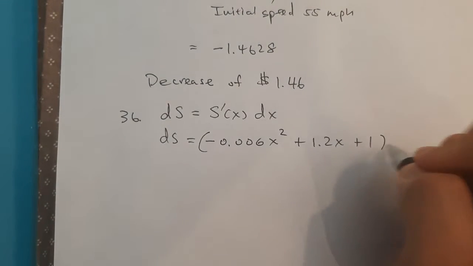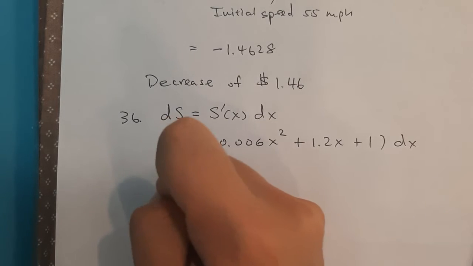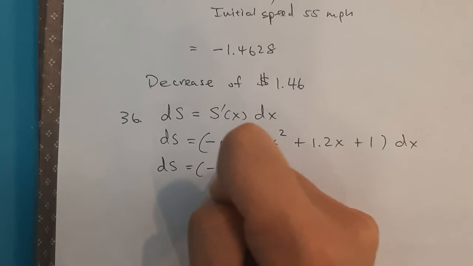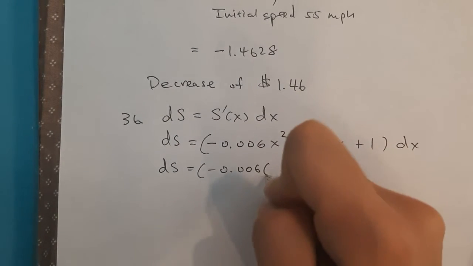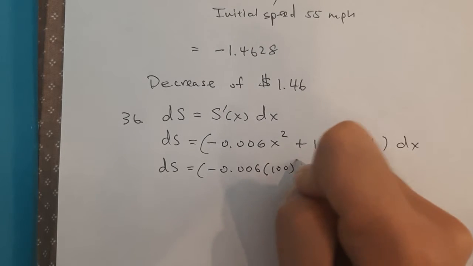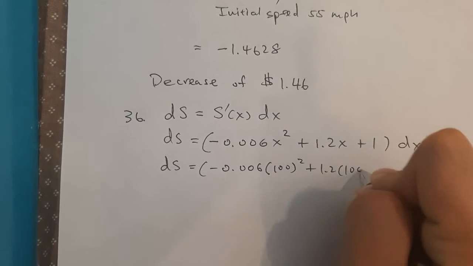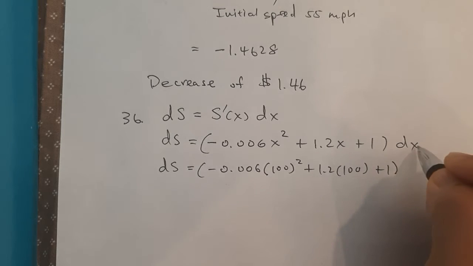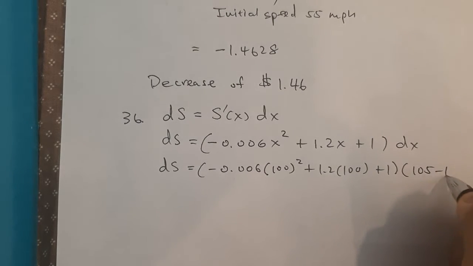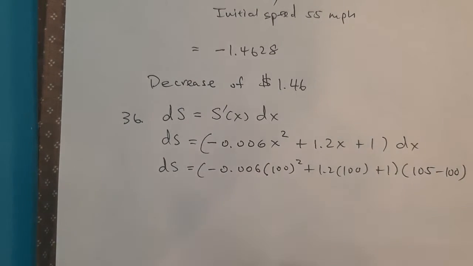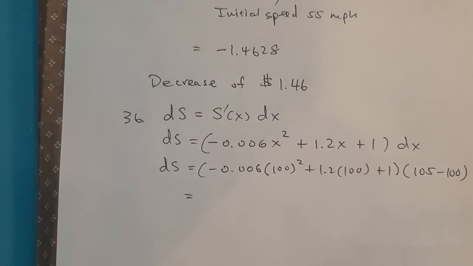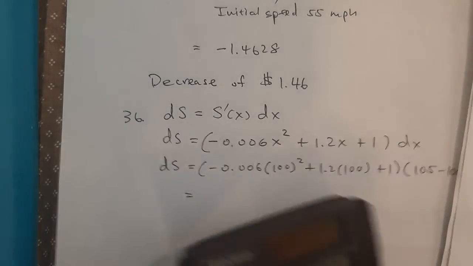And we multiply that by dx. So we have ds equals, and then we're going to plug in the initial value, which is 100. And then dx is 105 minus 100. So we plug in and we simplify it.